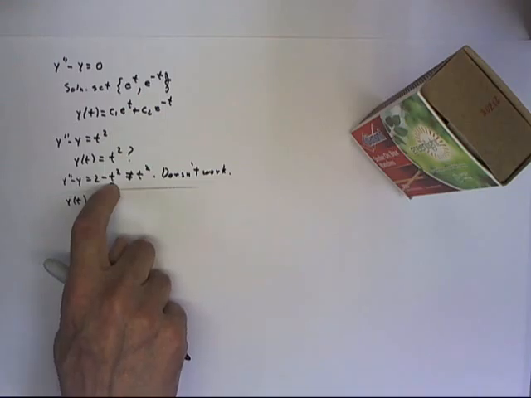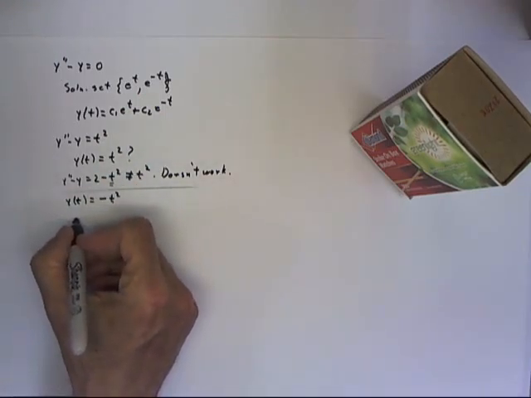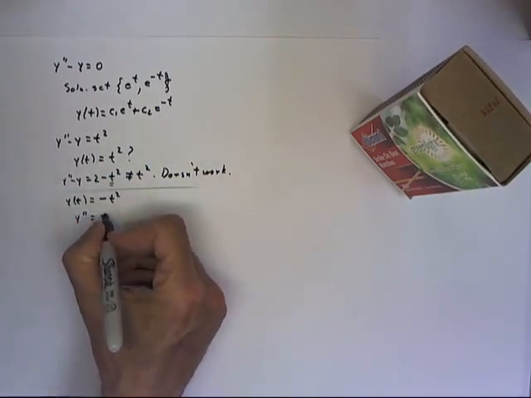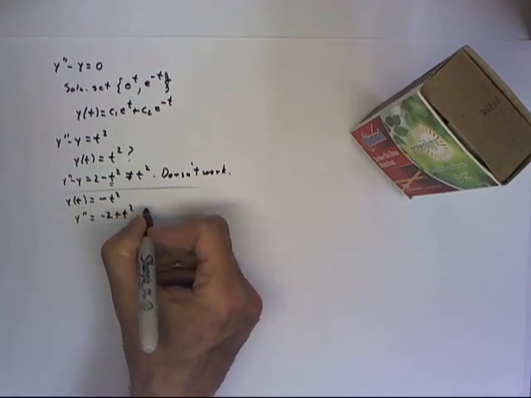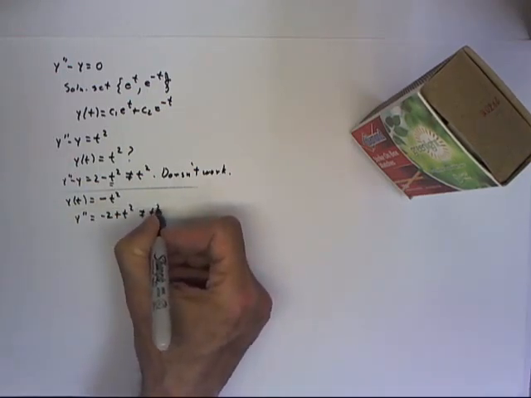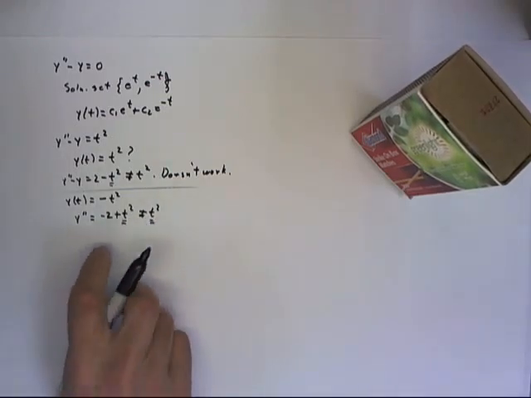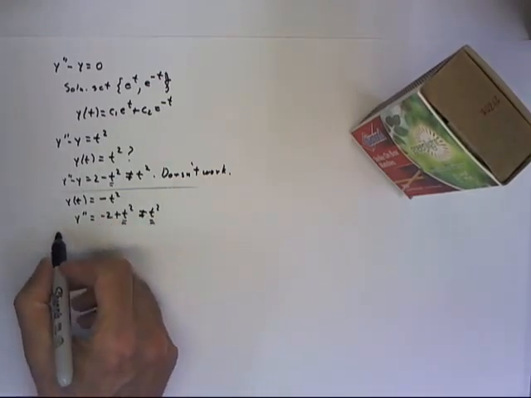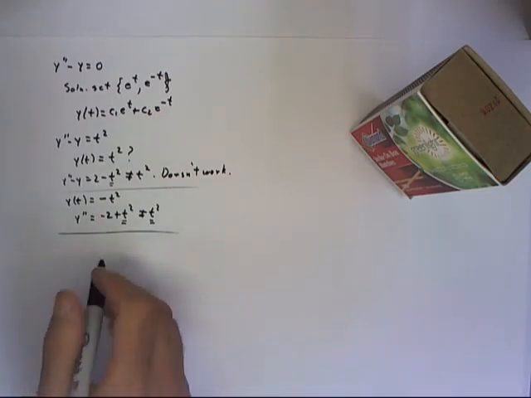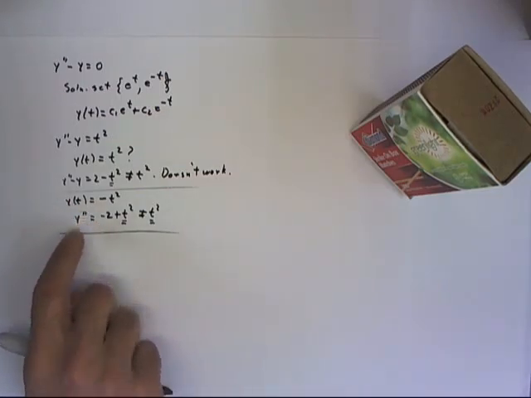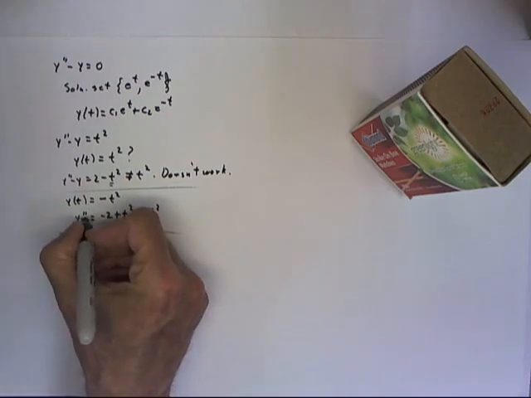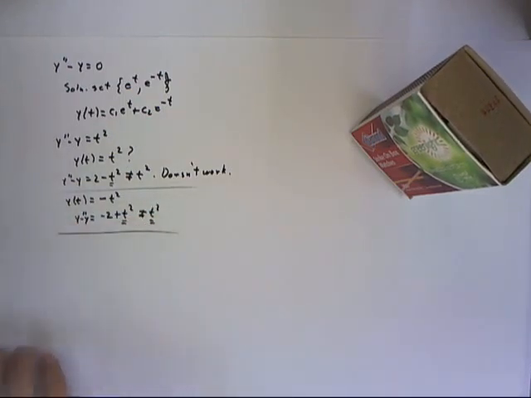That'll make the negative t squared here positive. We're going to get then y double prime minus y equals minus 2 plus t squared. That's not equal to t squared, but at least we've got a plus t squared here and here. What are we going to do about this negative 2? Well, the negative 2 comes from the second derivative, and that should be y double prime minus y equals this.